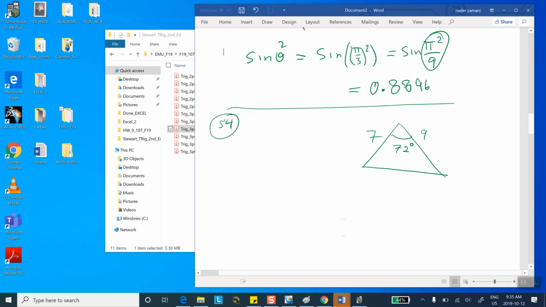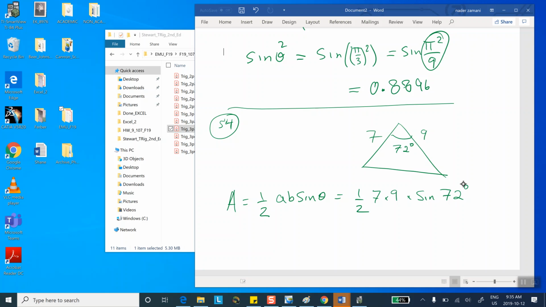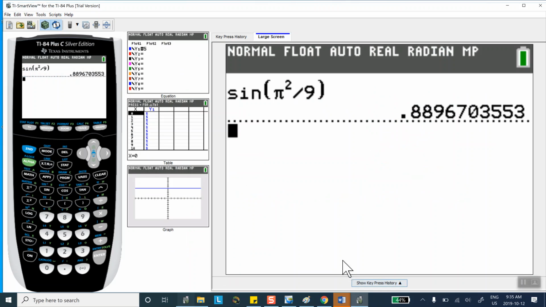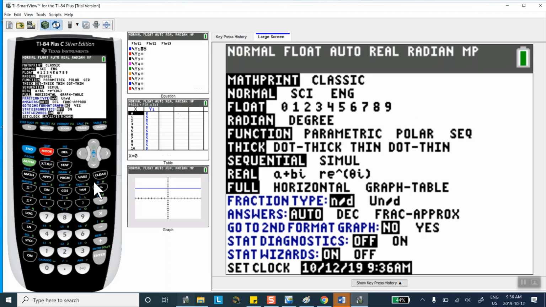All right, so area is equal to 1/2. Remember, it was A, B, sine of the angle between. So it's going to be 1/2 times 7 times 9 times sine of the angle between them, 72 degrees. Now, if I'm going to do this with my calculator, I better make sure the mode is on degrees.